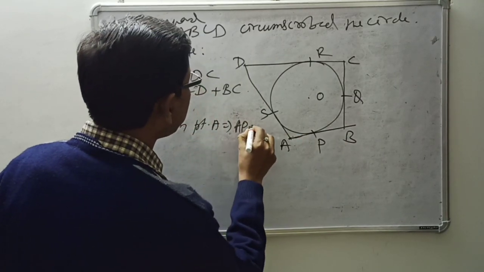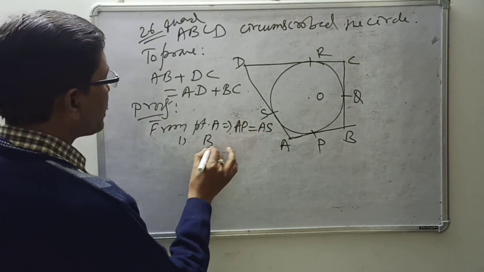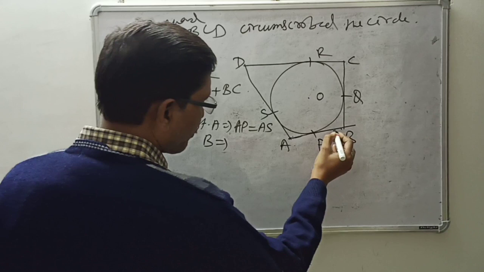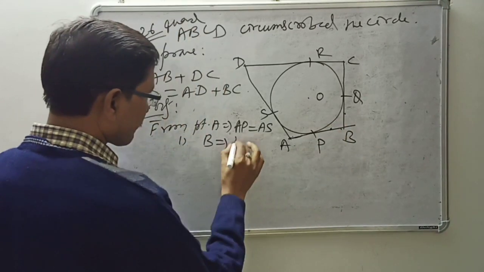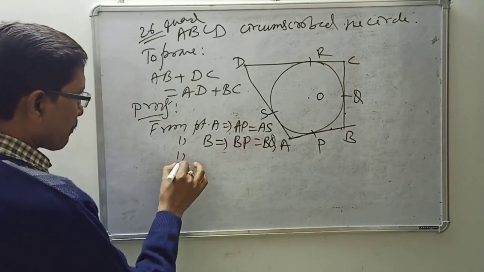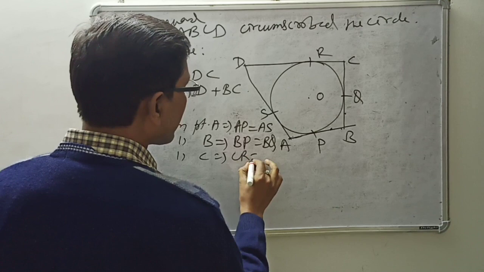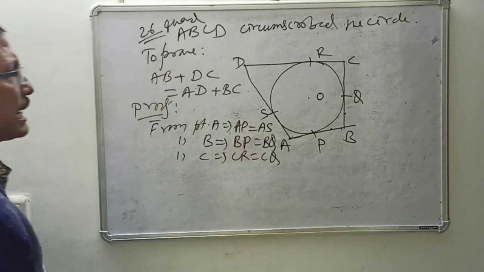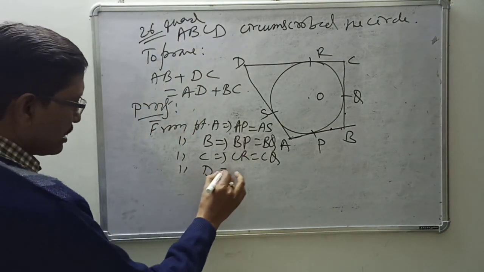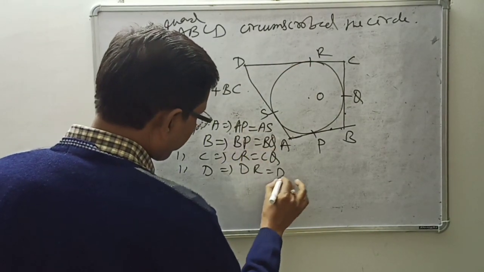So AP is equal to AS. Similarly from the point B, you will get the two equal tangents BP as well as BQ. From the point C you will get two equal tangents CR as well as CQ. And from the point D you will get DR equal to DS.